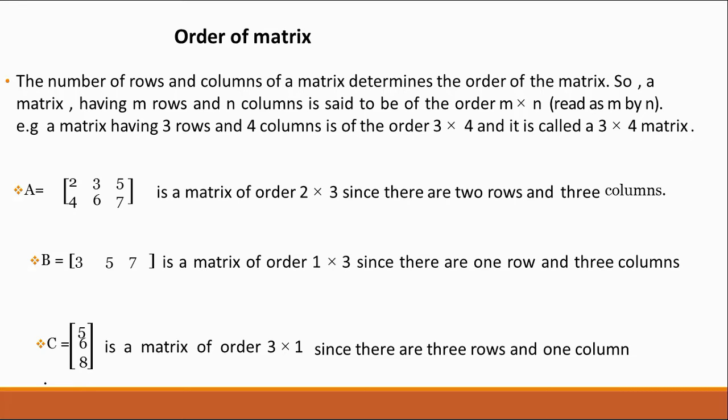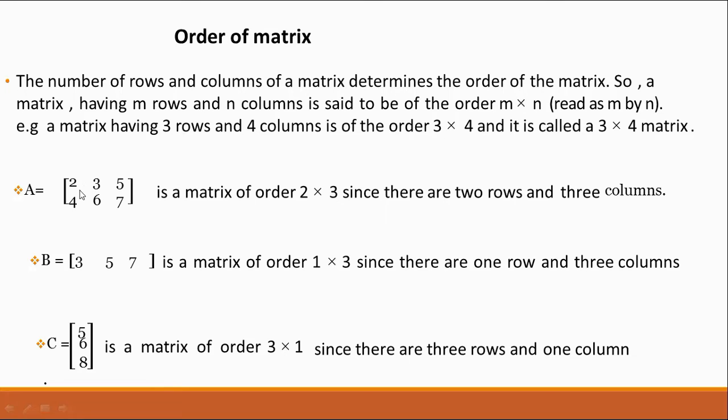But for the order of a matrix, we cannot multiply the number of rows and columns to get the order. Simply we write m by n. The expression m by n shows that there are m rows and n columns. For example, a matrix having 3 rows and 4 columns is of the order 3 by 4. It is called a 3 by 4 matrix.